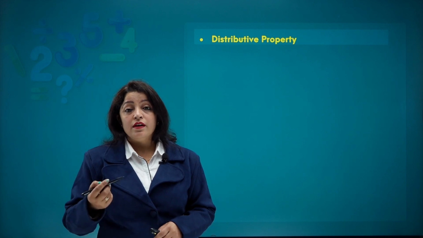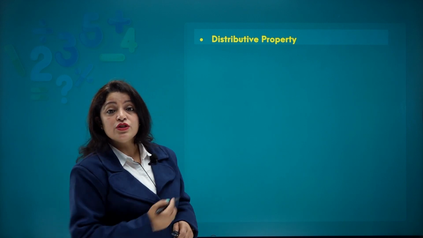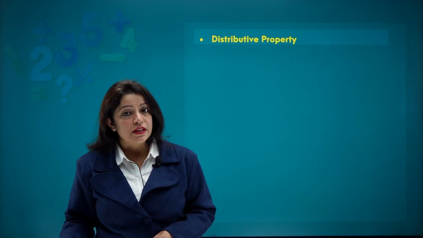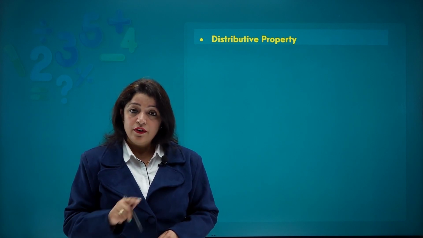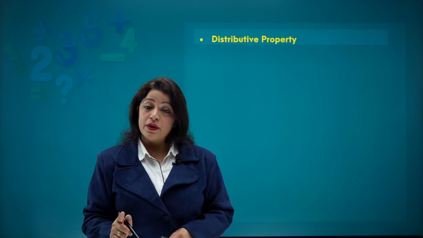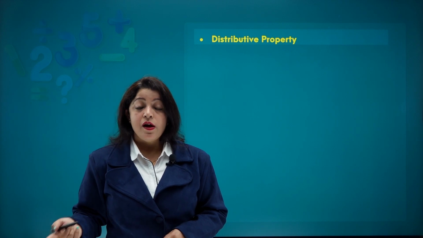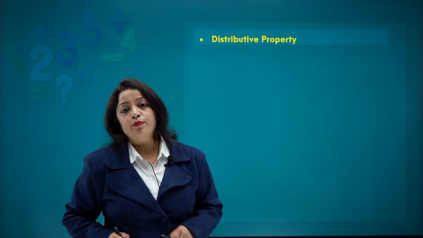Similarly, in multiplication of integers we have seen the commutative property, a times b is equal to b times a. That shows numbers can be multiplied in any order, right? Similarly, in associative property, the numbers again were getting multiplied. That means we were doing only one operation in commutative and associative property.